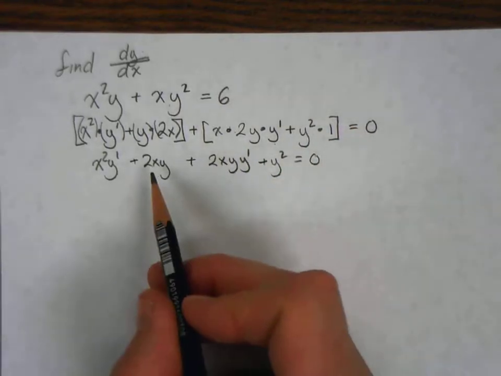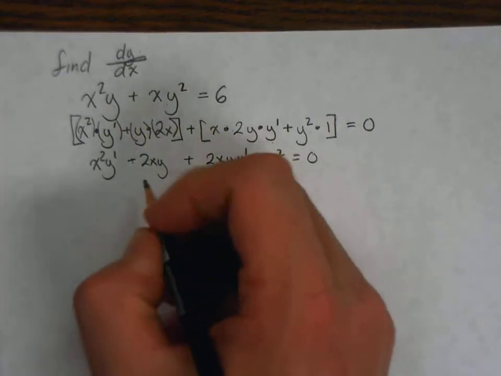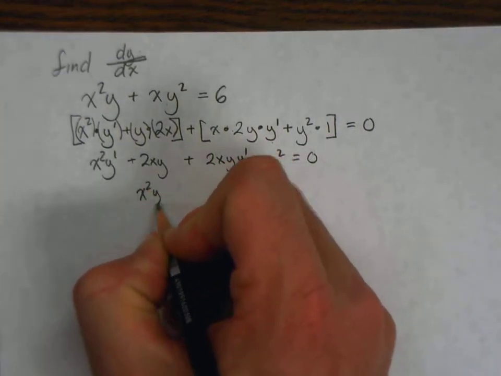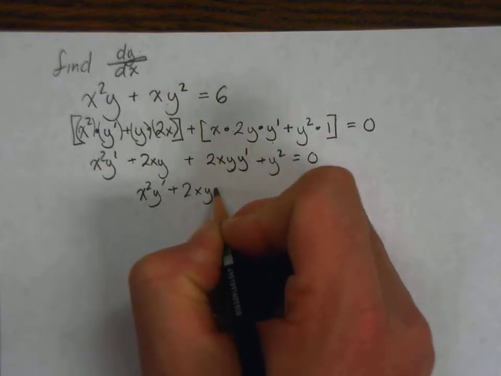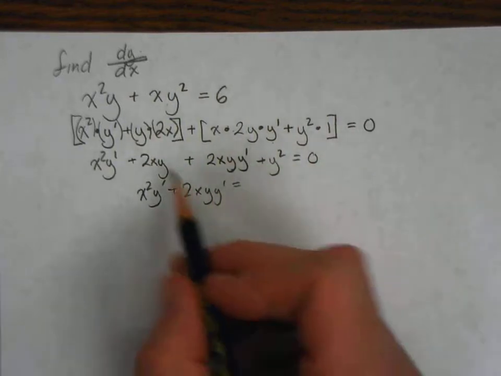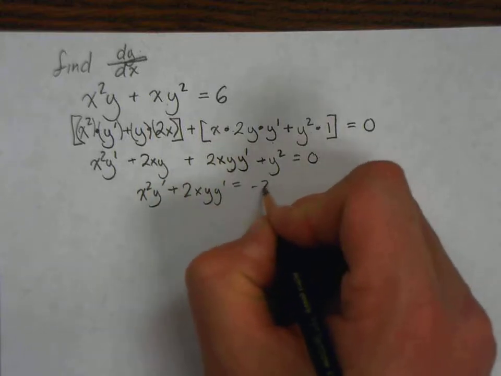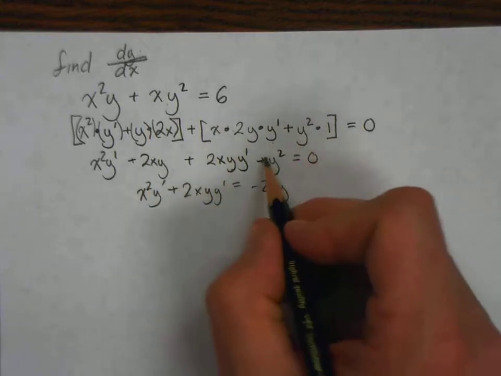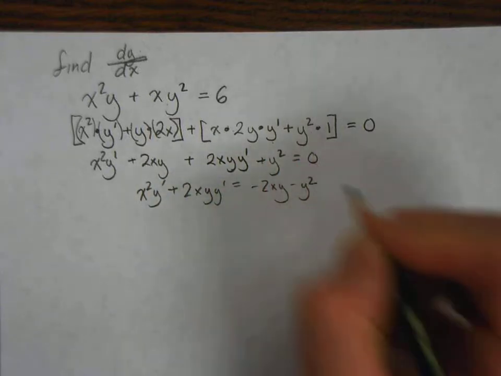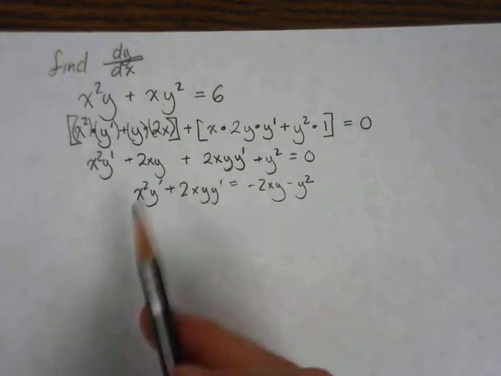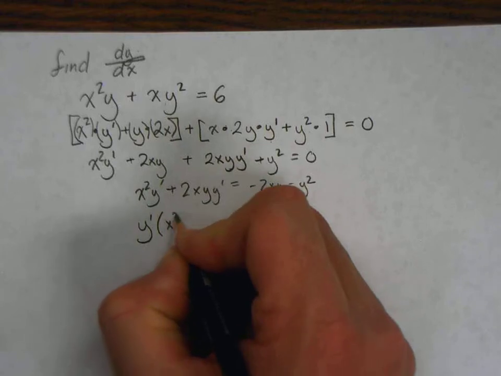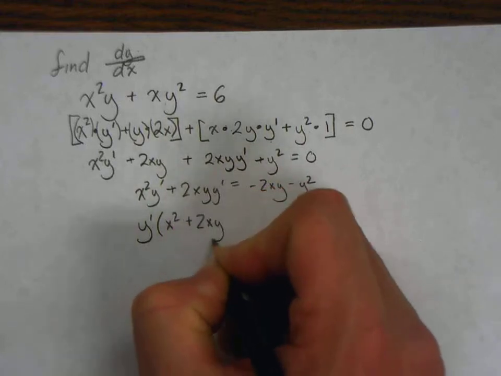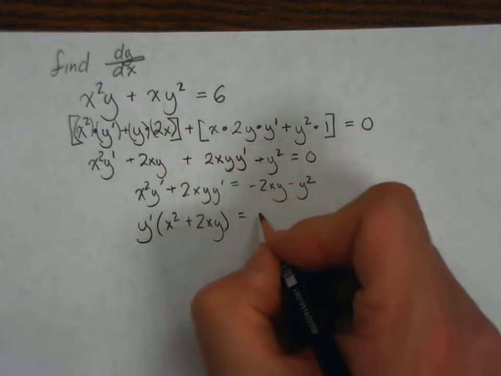I'm going to move everything that doesn't have a y prime to the right hand side, so I have x squared y prime plus 2xy prime is equal to, I'm going to subtract 2xy from both sides, and subtract y squared from both sides. I still don't have y prime by itself, so I'll factor out y prime, and I'm going to have x squared plus 2xy left over.